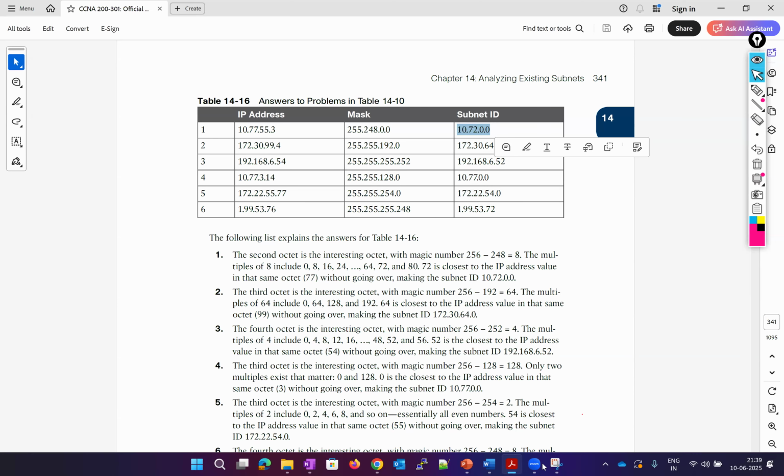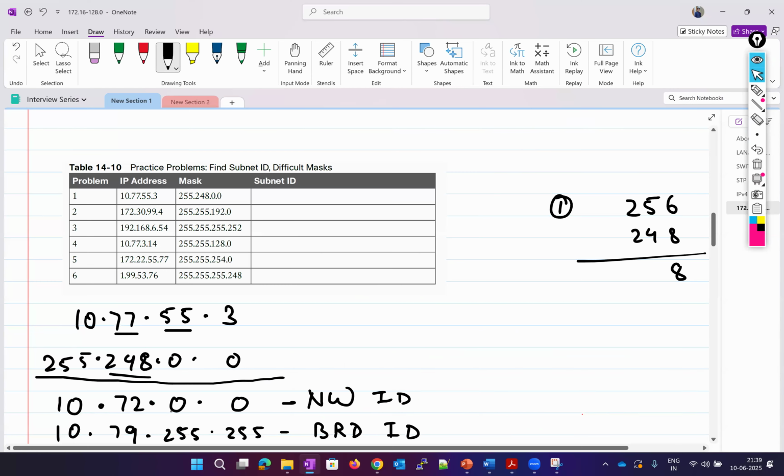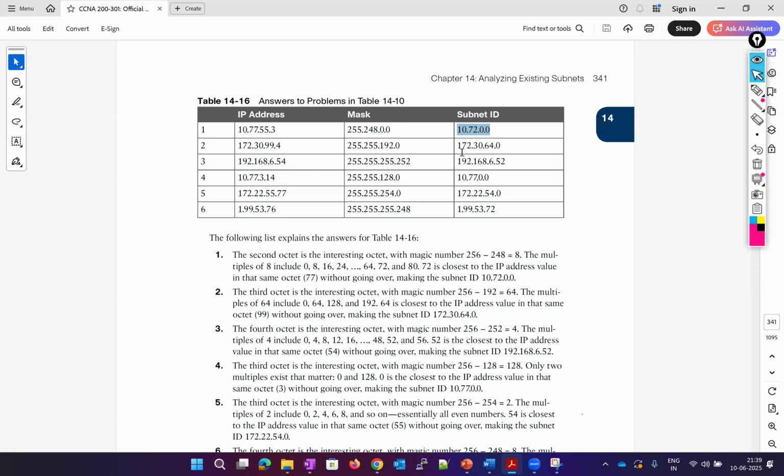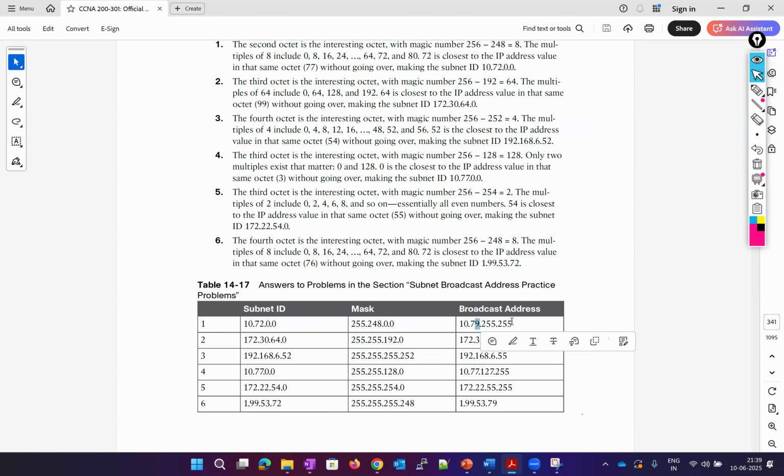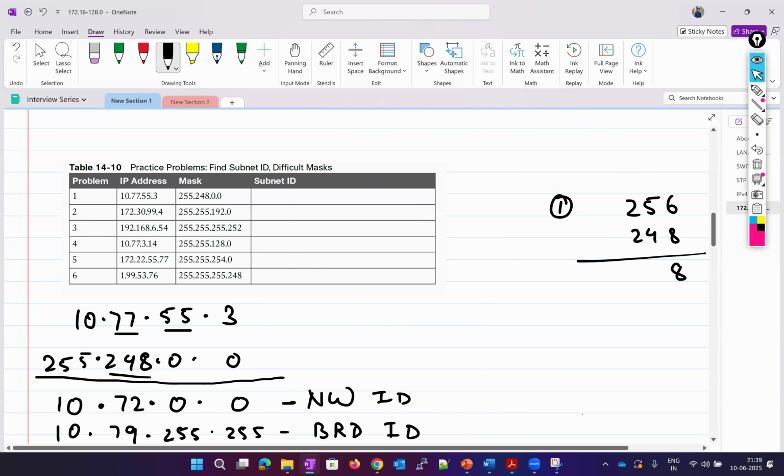This is what we found. 10.72.0.0 is our subnet ID. Broadcast ID, let's check that. 10.79.255.255. Did we calculate it correctly? Yeah. 10.79.255.255 is our broadcast ID.